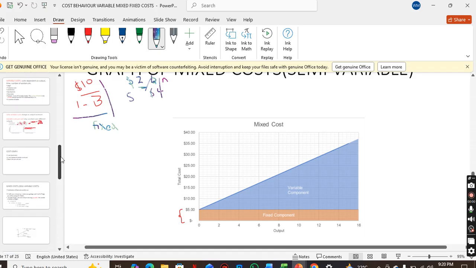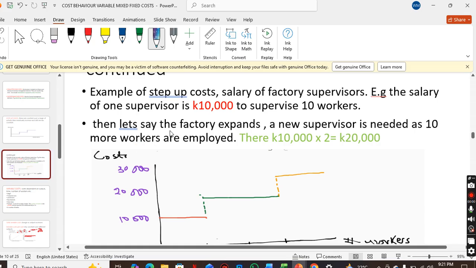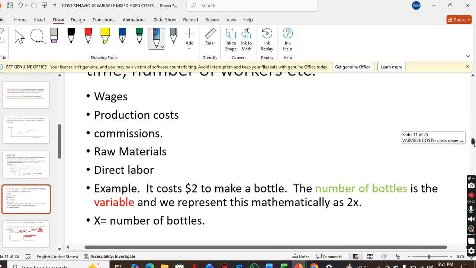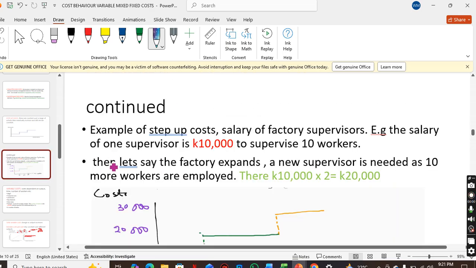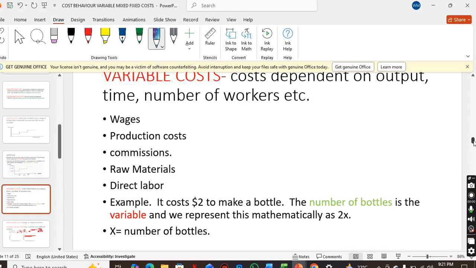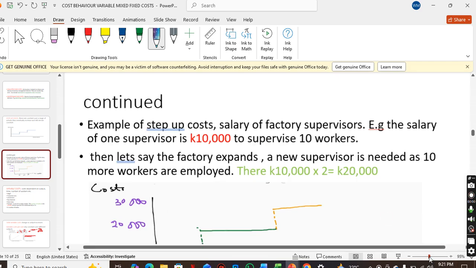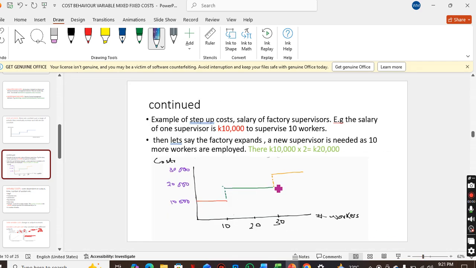And then we've also got what we call stepped costs. These are fixed costs, but they tend to increase after a certain range, though they still remain fixed. For example, let's say you have a factory, and every 10 workers need a supervisor.